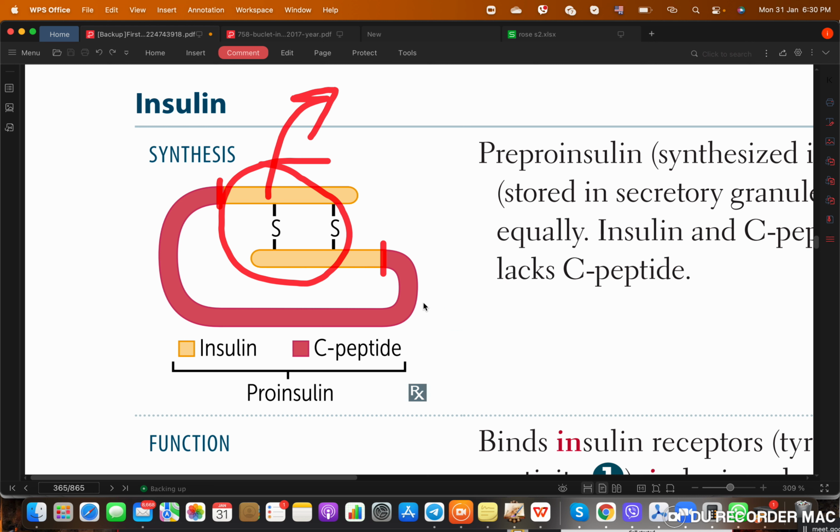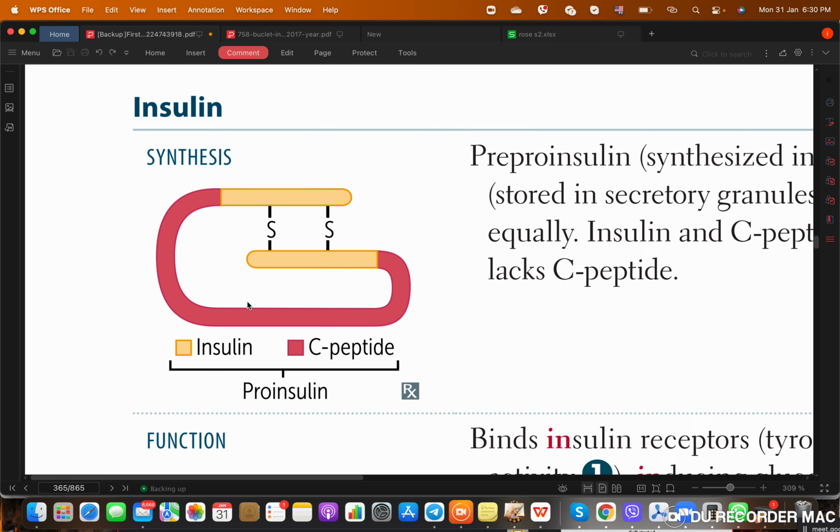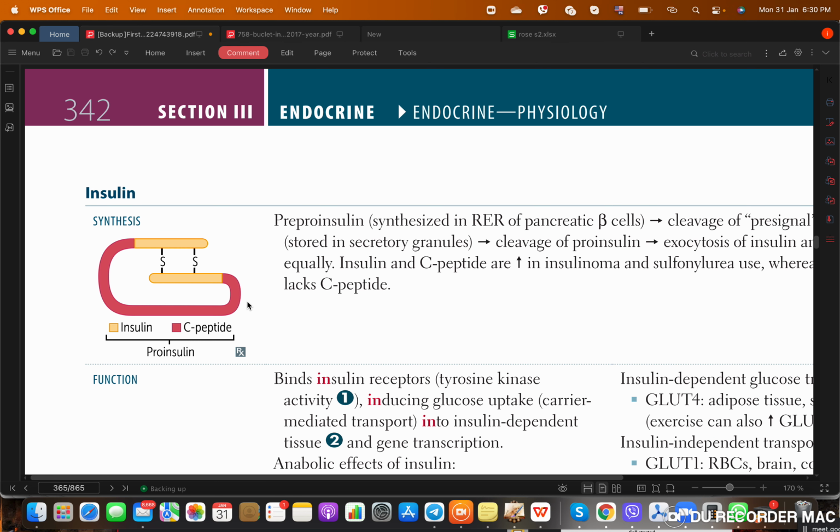Does that mean any person who has insulin secretion will have an increased level of C-peptide? Yes, that is true. So if that is the case, is that going to help us clinically? Does it have any meaning? Can we measure the C-peptide to check how much insulin is released? Yep, absolutely. Okay, I will tell you now the clinical significance of this.